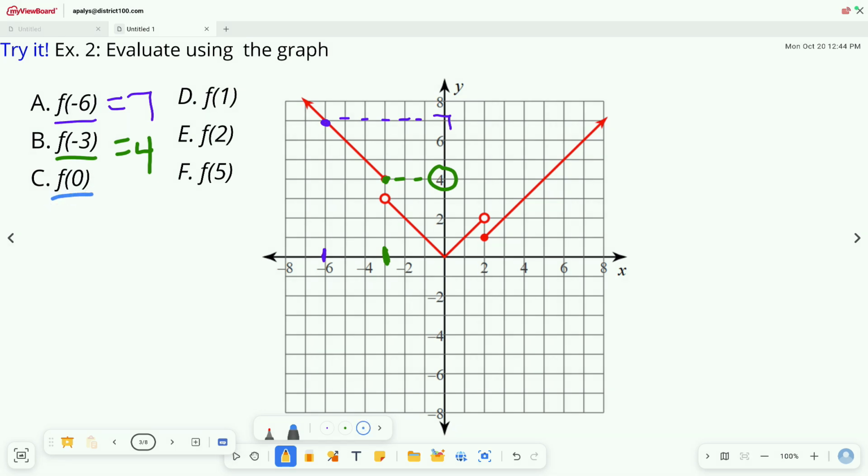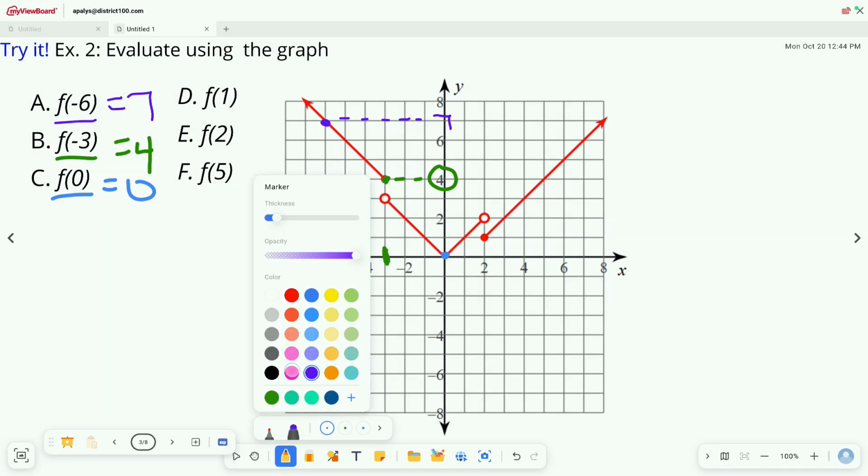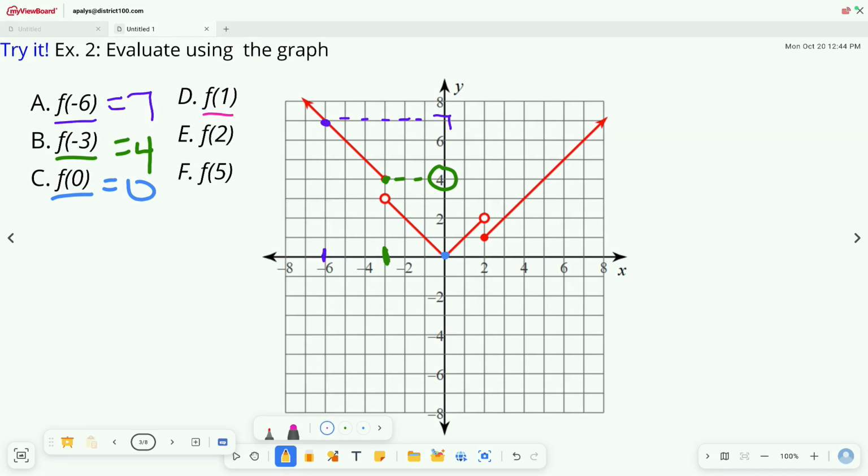Okay. What about 0? No, it's just coincidental that they both happen to go right at that origin. 1. Okay. At 1, it is 1.